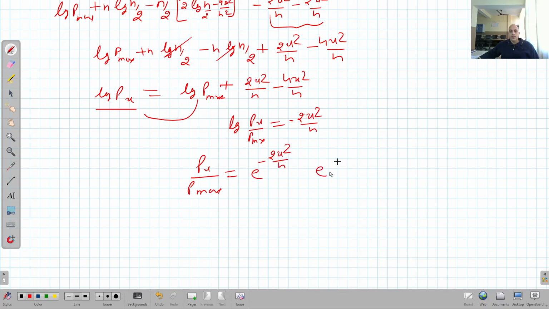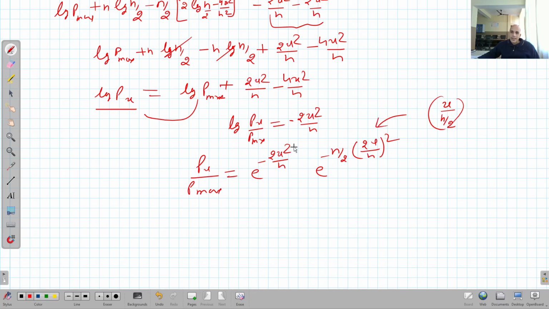I can write it further, e raised to power minus n by 2 into 2x upon n square, right? So I wrote it in order to write this term 2x upon n is equal to f, fractional deviation. I can write this as x divided by n by 2, clear? It will ultimately give me this 2x upon n.